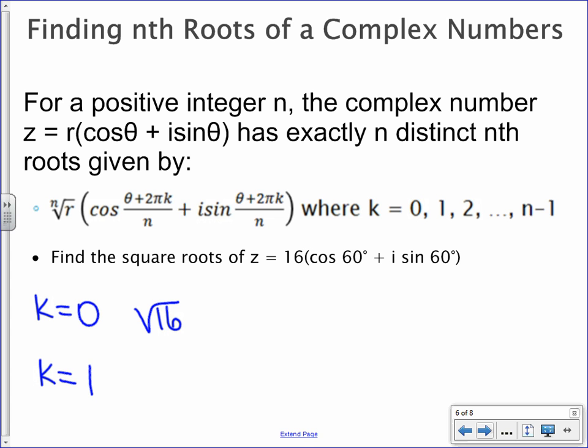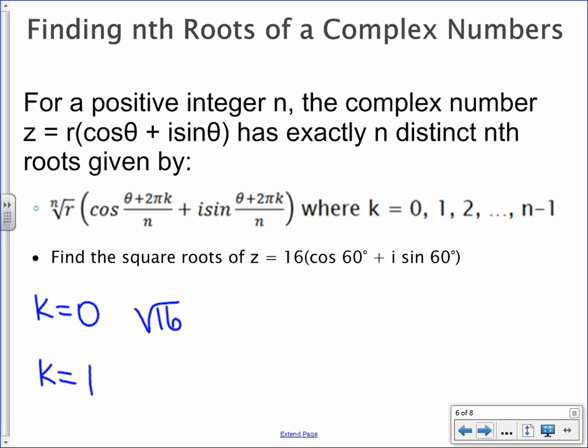Well, k we're going to start out at 0, and we're going to increase k for each root that we find until we have the number of roots that we need. k is basically just going to adjust our angle for us.